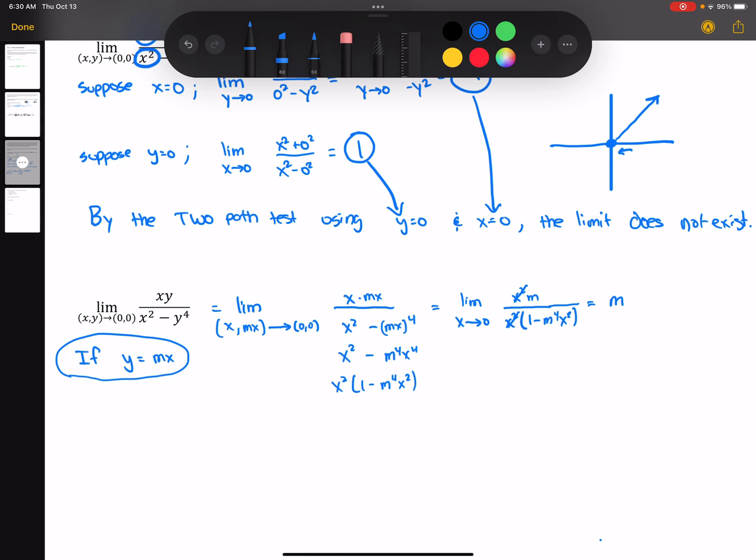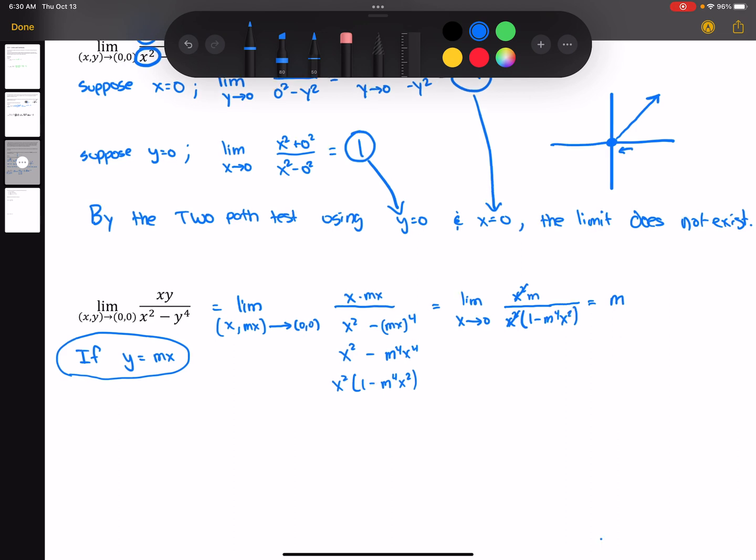So now the other trick that we can use is pay attention to the powers that we have in our denominator. So if we could substitute something in for x that will give us y to the fourth, then we can probably cancel some stuff out. Let's see what happens.